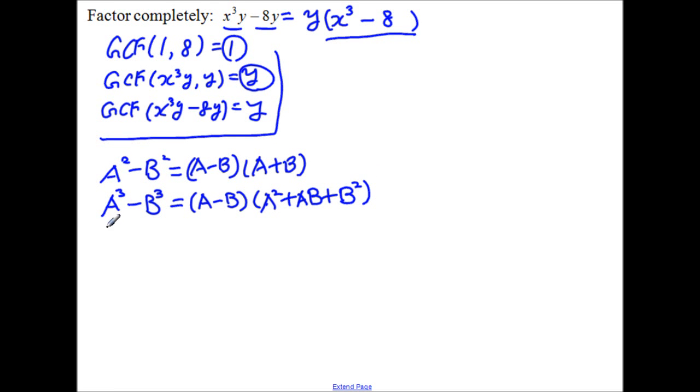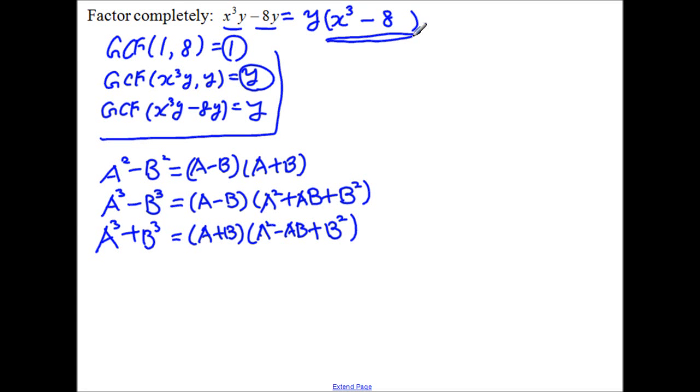The last one is a to the third plus b to the third. It is factored into a plus b times a squared minus ab plus b squared. These formulas will not be given, so you have to memorize them.